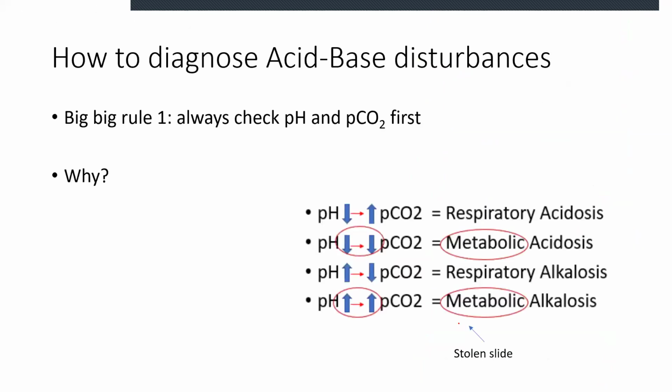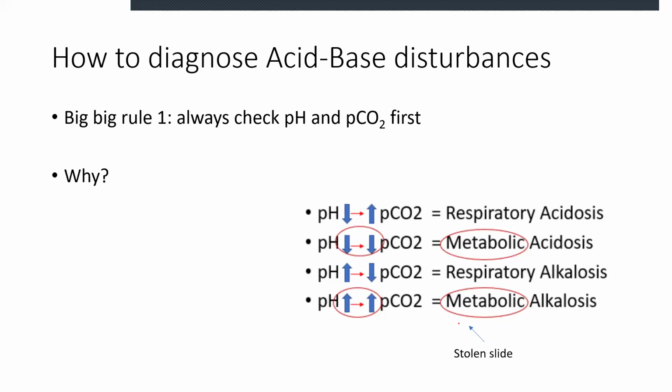Now, how do we diagnose acid-base disturbances? The first rule that I want you to always bear in mind is that you always have to check the pH and the PCO2 first. Now you might be wondering, why am I telling you to check the PCO2 and not, say, the bicarb, for example? And that's because PCO2 is a very acute system.